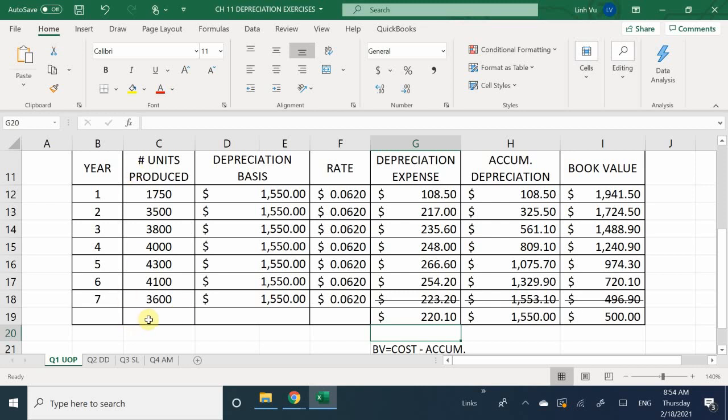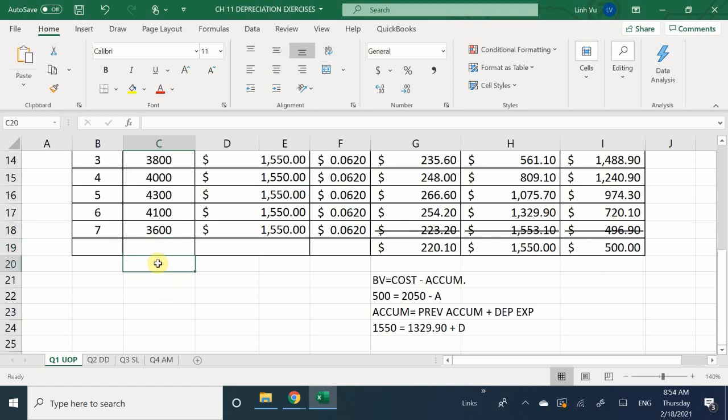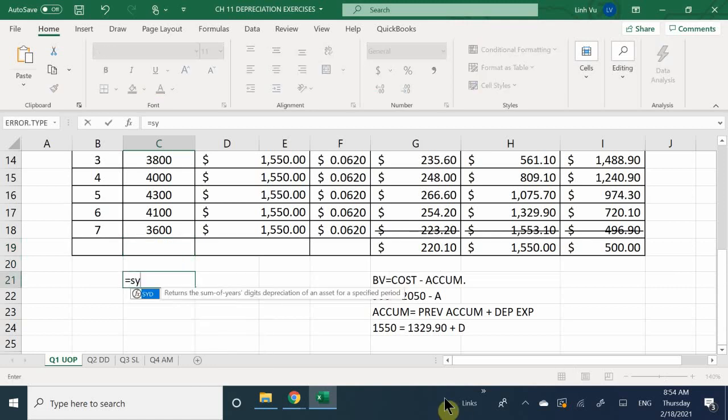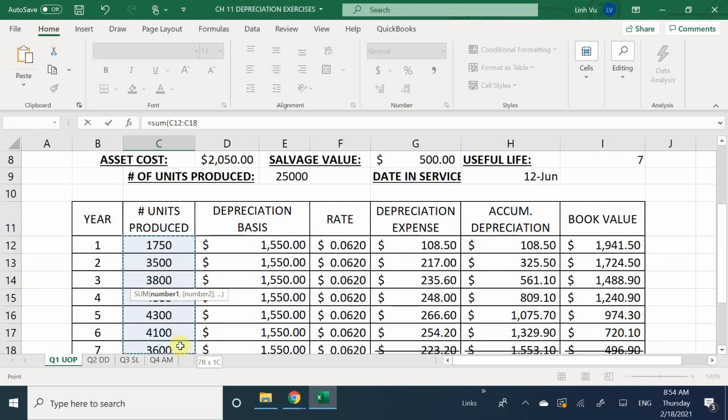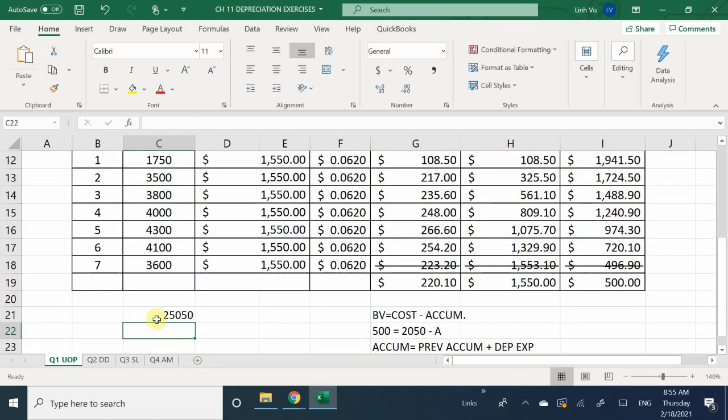Let's find the sum of all of these numbers, and I get 2550. How much is my capacity?